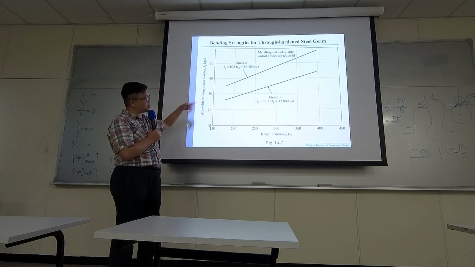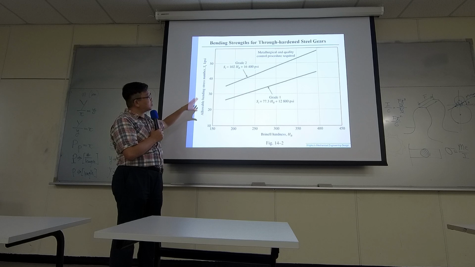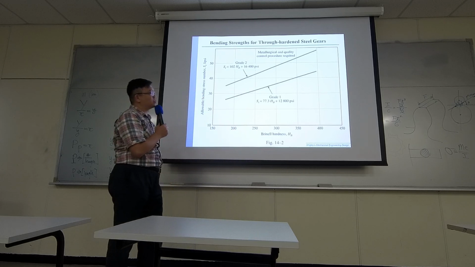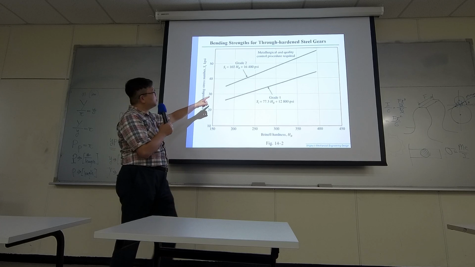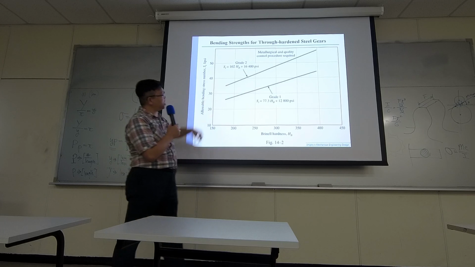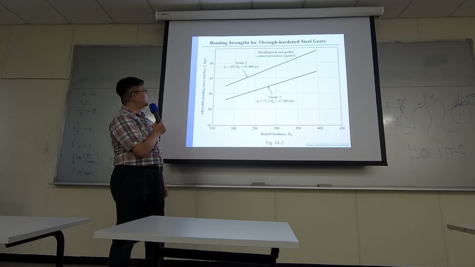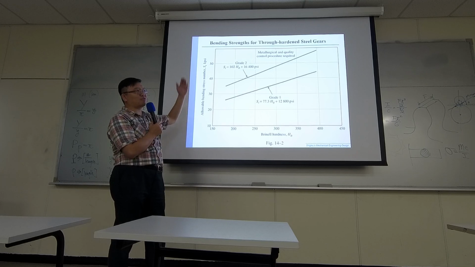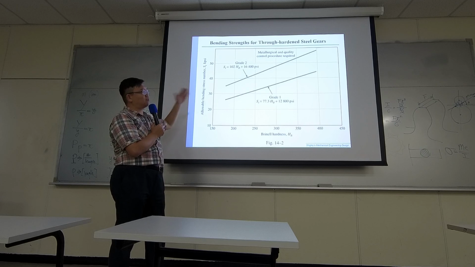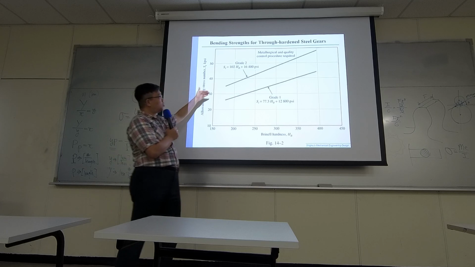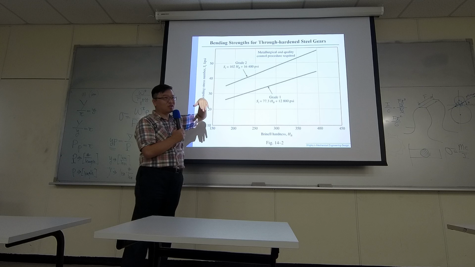You need to check the table. And you realize it's related to the hardness of the material. Okay, and over here you see two different lines. They are grade 1 and grade 2 allowable stresses. So they are like different levels. This depends on what kind of level you're looking for. Why is grade 1 lower?